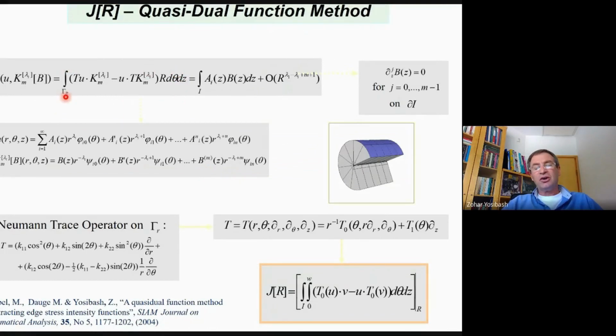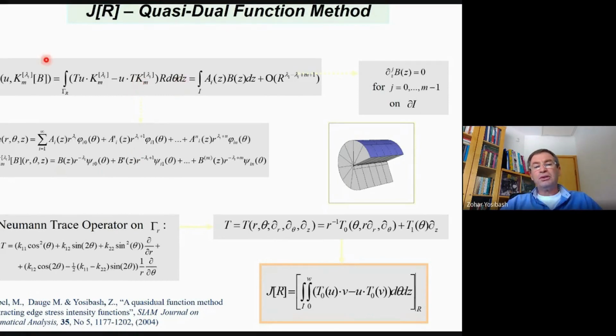It's an integral over a cylindrical surface. This is the traction operator on U. This is the dual solution, which I know. This is the U, which is the finite element solution of the specific problem. And this is the traction operator over this dual solution, which I know.